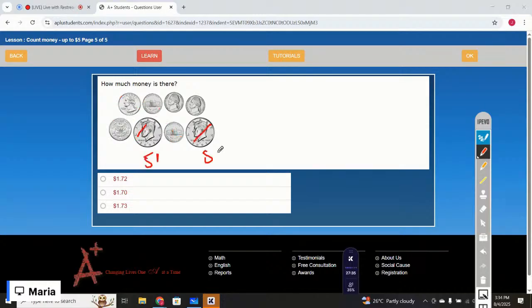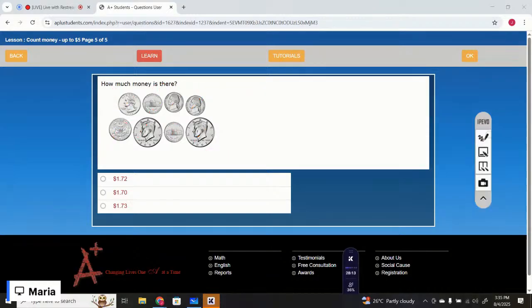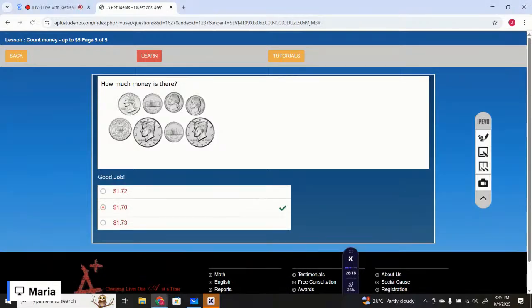They are worth 50 cents. Then this is I think the quarter that is worth 25, and this is also a quarter that is worth 25, and then we have to count them by 5. 1, 2, 3, 4, 5 times. So $1, 1.50, 1.55, 1.60, I think 1.70 it is. Option number 2 is the correct option, that is $1.70.